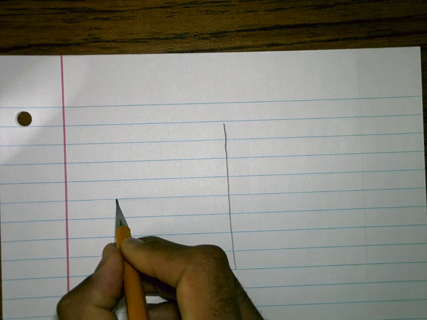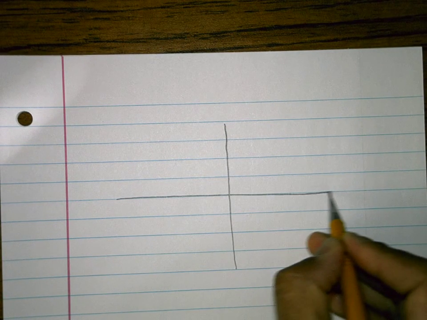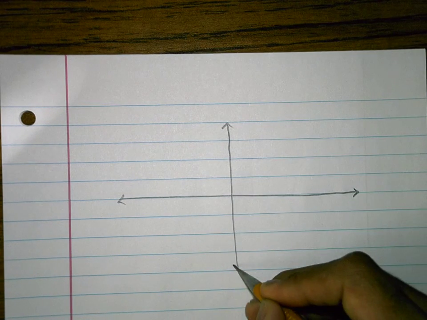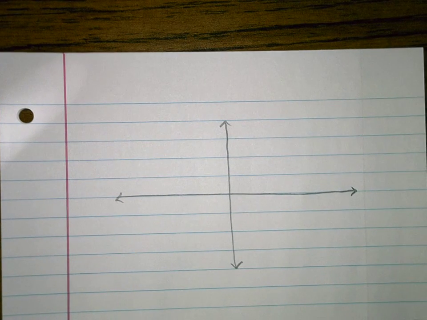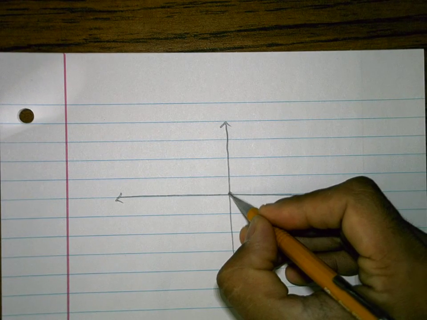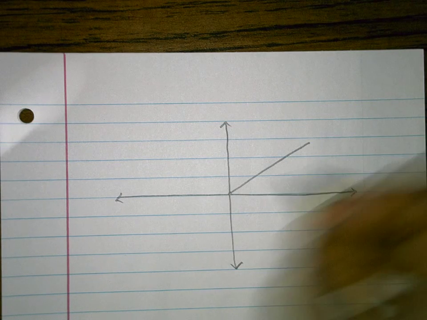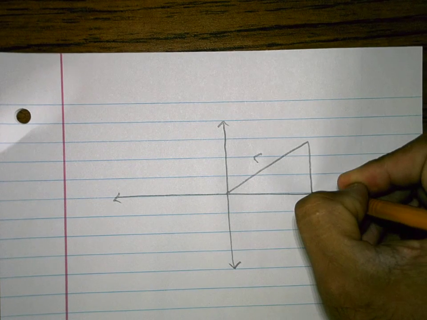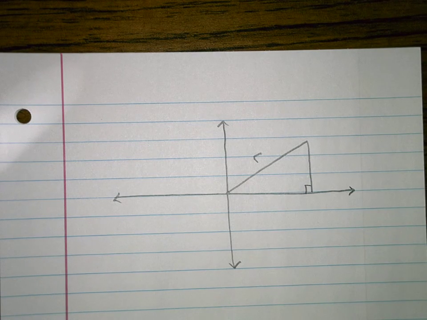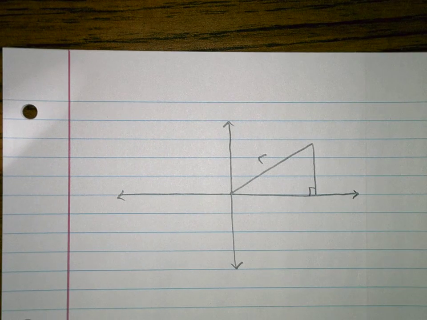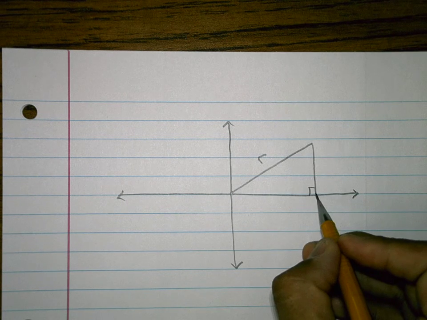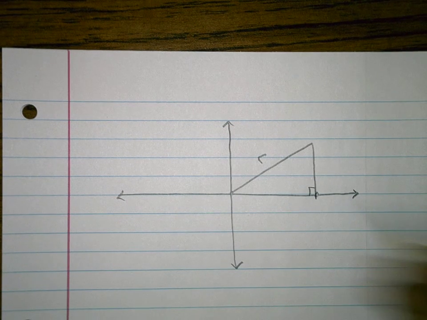So watch what happens if I start throwing triangles onto a coordinate plane. If I draw something from the origin, which I'm going to refer to as a radius, and then I draw straight down with a 90-degree angle, the distance from here to here would be the x value, whatever that is.